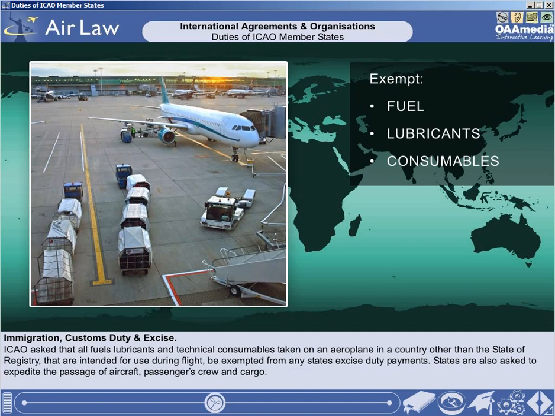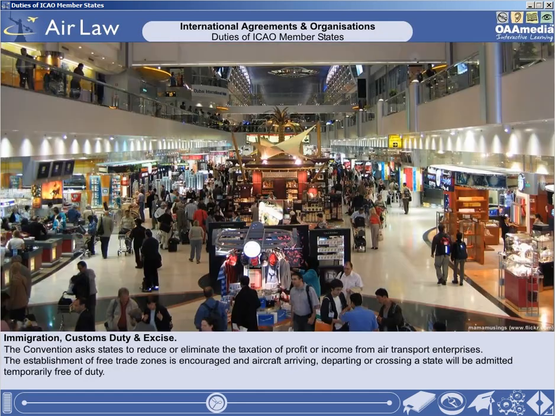They are also asked to undertake the expeditious passage of aircraft, crews, passengers and cargo, especially in the areas of immigration, quarantine, customs and clearance. Within the areas of custom duty and excise charges, the Convention also asks states to reduce or eliminate the taxation of profit or income from air transport enterprises.